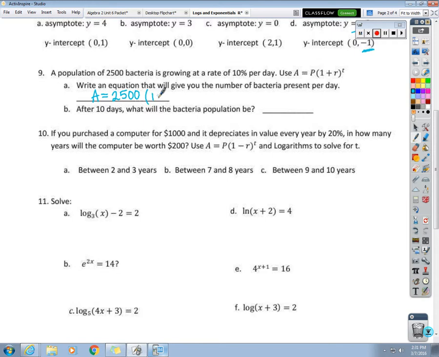And then times 1 plus. Why is it plus? Growing, it's a growth. And what is the R? 0.10 for 10%. And then raised to the T for time. Which in B they tell you is 10 days. So you'll just plug in 10 and then you'll know what A equals. So everybody type it in.